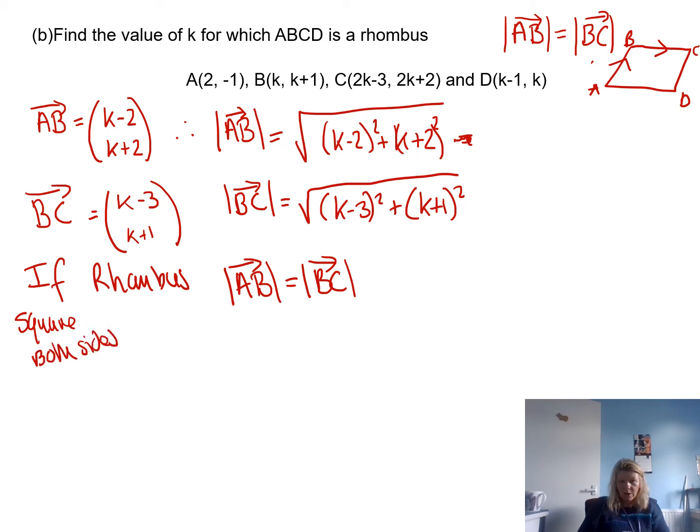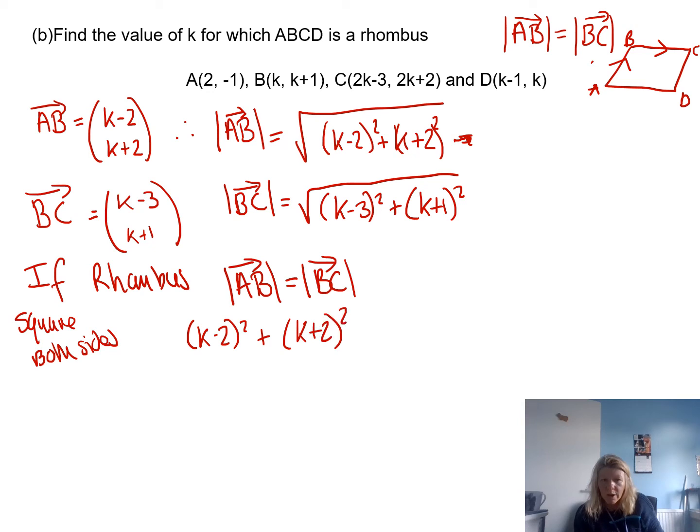And we're left with, still not very nice, K take 2 all squared plus K plus 2 all squared equals K take 3 all squared plus K plus 1 all squared.